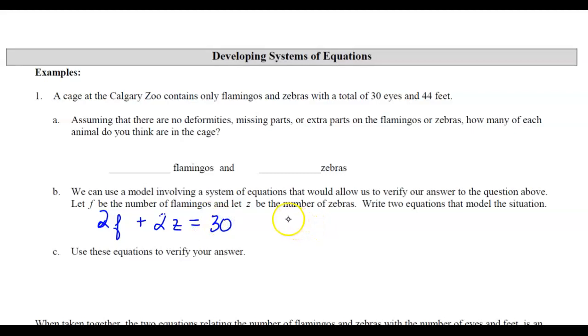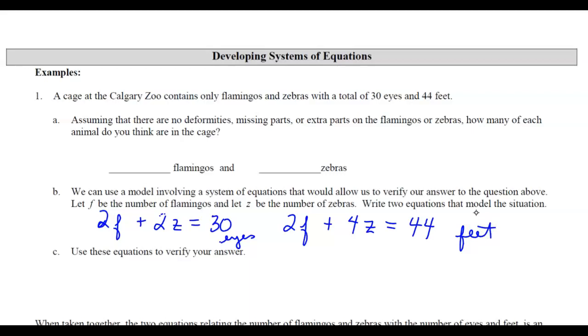Then for feet, for a flamingo, 2 feet: 2 times the number of flamingos gives the number of feet for flamingos. And then 4 times the number of zebras, and that's going to be 44. Okay, so that's for the eyes here, and this is for the feet. And use the equations to verify your answer.